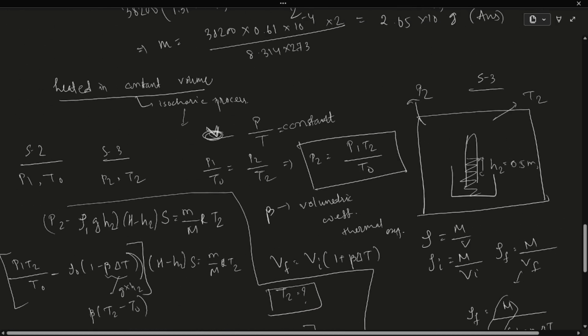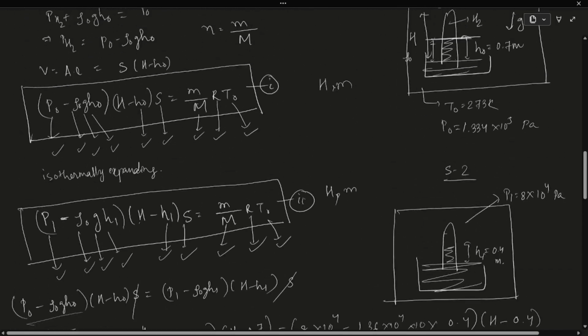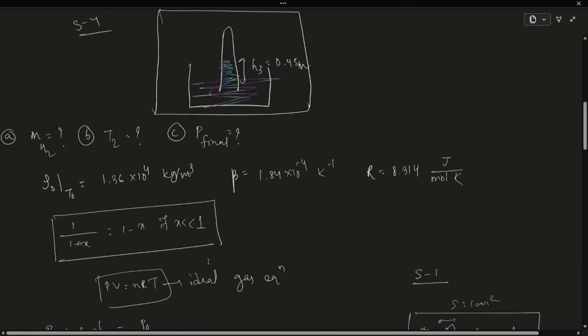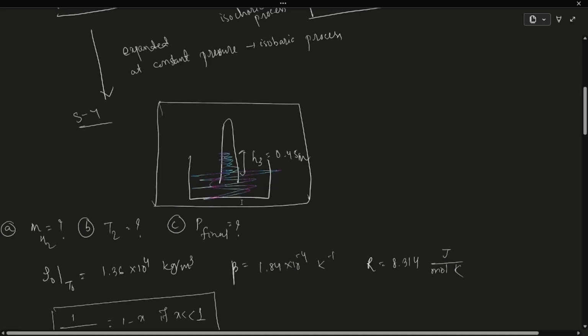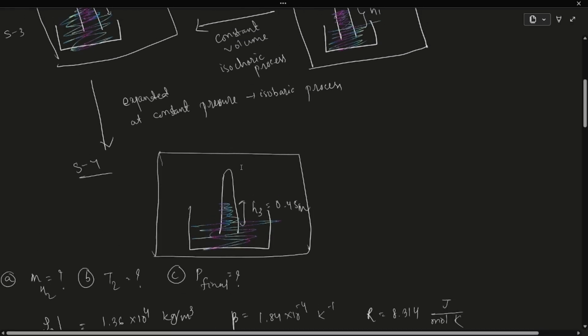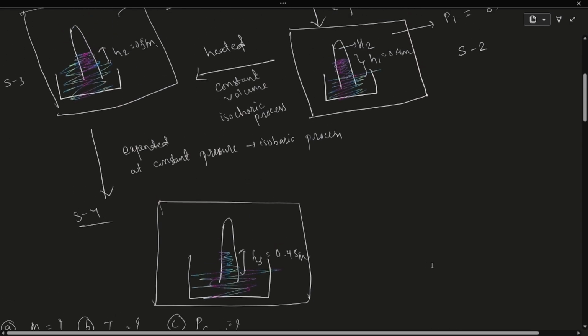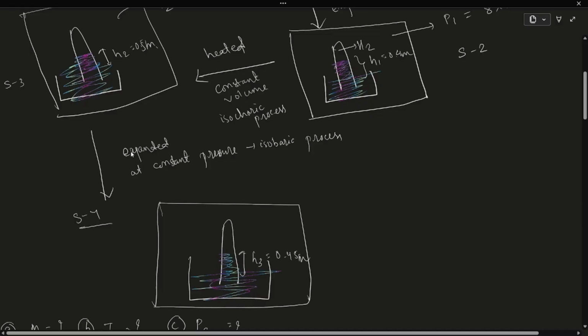Then our final intention is to find, sorry, it is said to find the final pressure. The final pressure means the pressure in scenario 4, but from scenario 3 to scenario 4, it is expanded at constant pressure. That means it is an isobaric process.